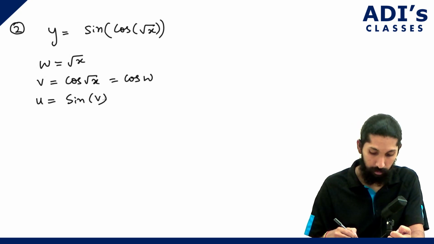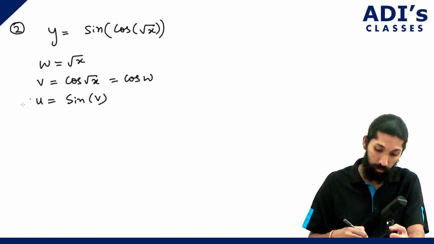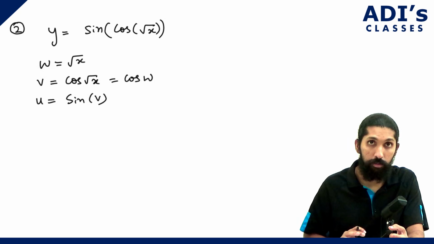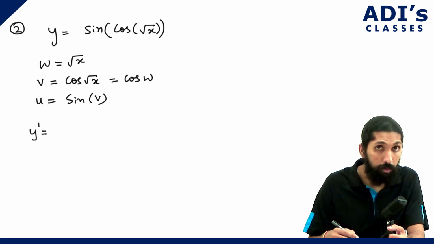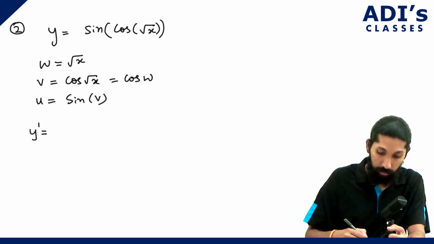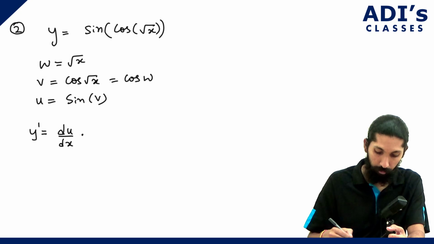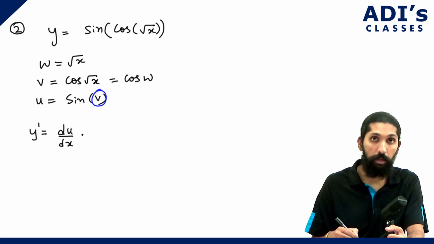So we can write it this way: u is equal to sine v, v is equal to cos w, and w is equal to root x. So we have three functions now, right? So y dash will be, first we look into the outermost part. First we do du by dx into, but u is a function of what? u is a function of v.